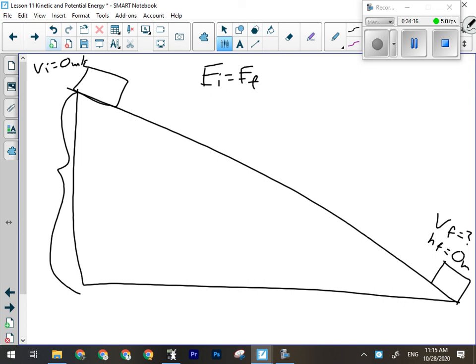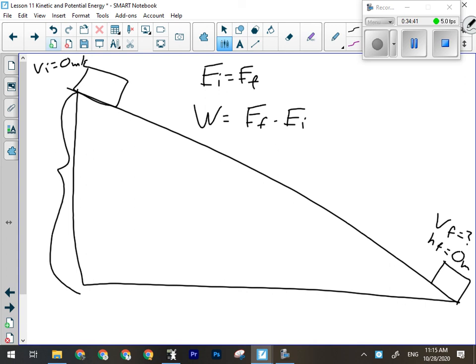But it's not going to be. Because of what? Yeah, because of friction. So then, if we know they're not equal, then we know that's the situation we're going to be dealing with tomorrow. Some work is going to be done against the force of friction along the length of the ramp. Well, we know the length of the ramp, because we'll be able to measure it.